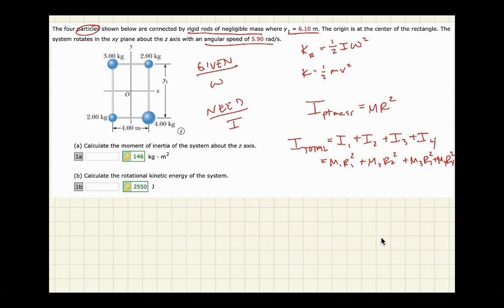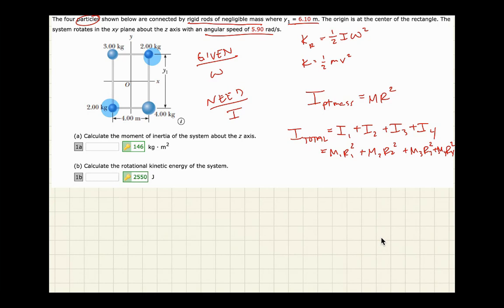If you wanted to make this a little bit easier, you can recognize that these two particles actually have the same mass, the same distance from the rotational origin. So you could just combine those two as 2 mr squared. Anyway, the only other trick to this problem is that the r here is not given by either one of these y values.